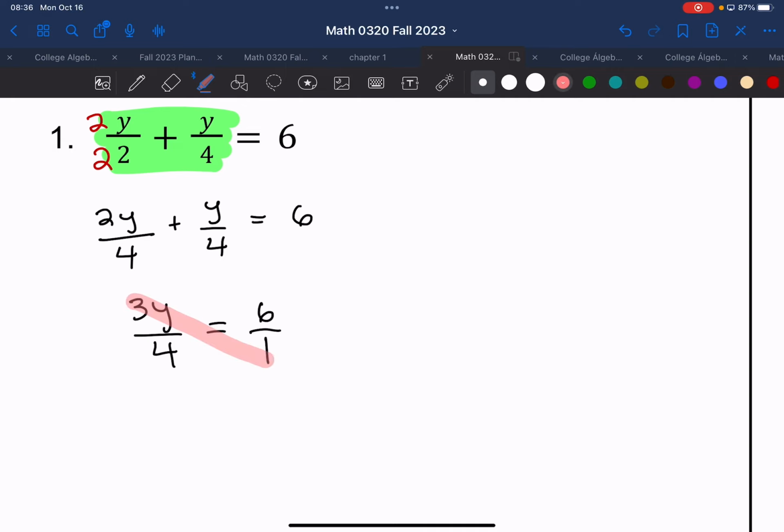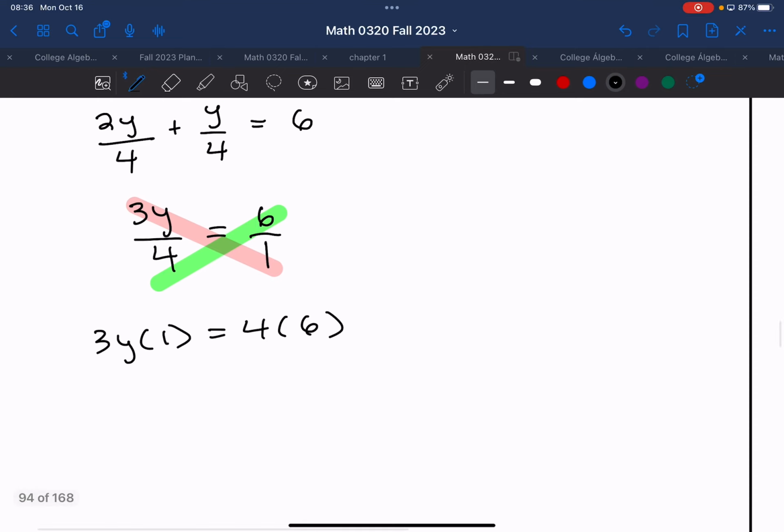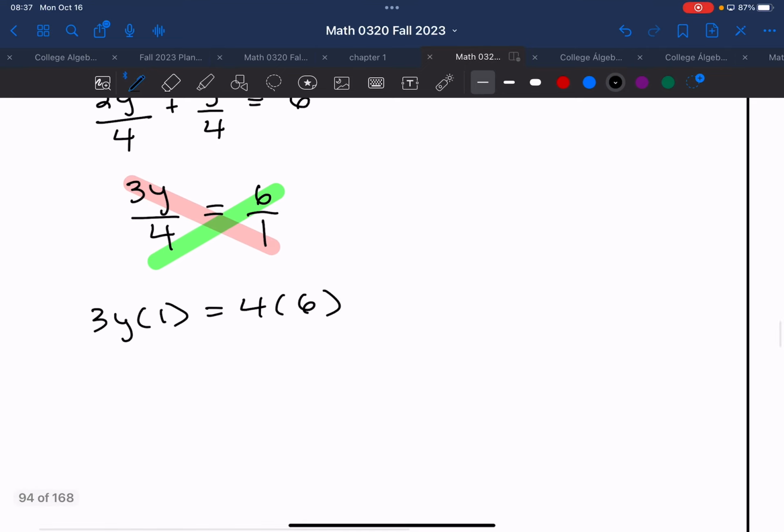That means I'm multiplying 3y times 1 and 4 times 6. Doing this, it's going to turn our equation from a rational equation to a linear equation. So 3y times 1, let me write out each step, is equal to 4 times 6. That means we have 3y is equal to 24.